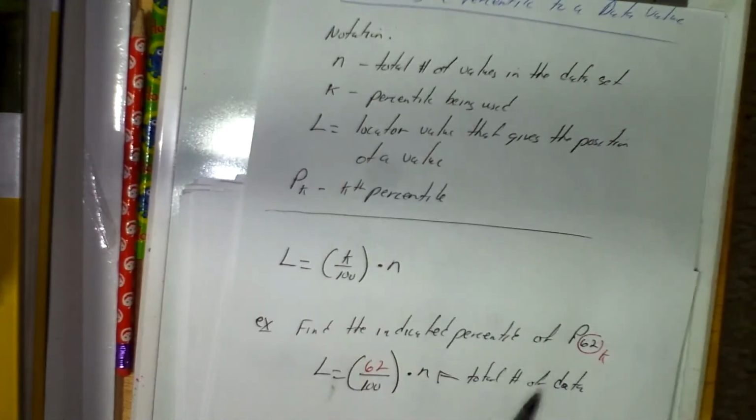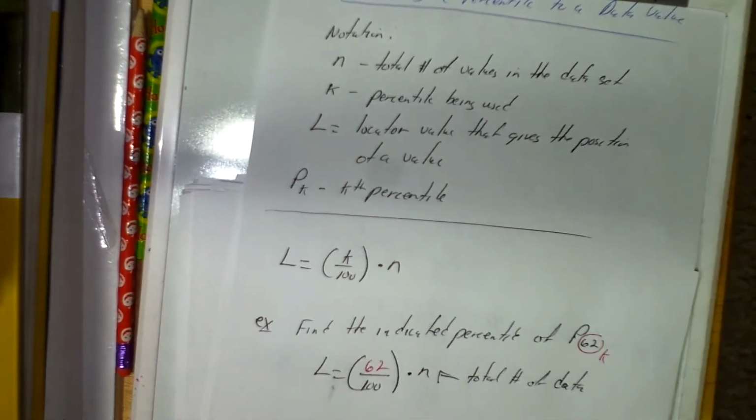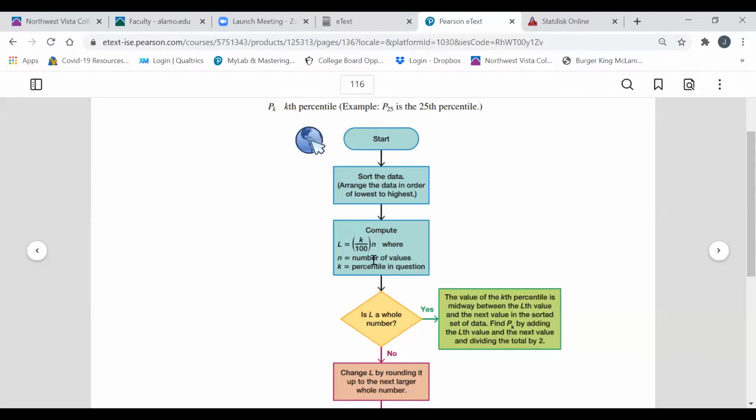Remember, like our answers, I told you to write it as P and then the number on the bottom. That number in the subscript is the k. So you plug them in, and then you compute it. Whatever our n is, you multiply by that n, fill this out, and get a number.